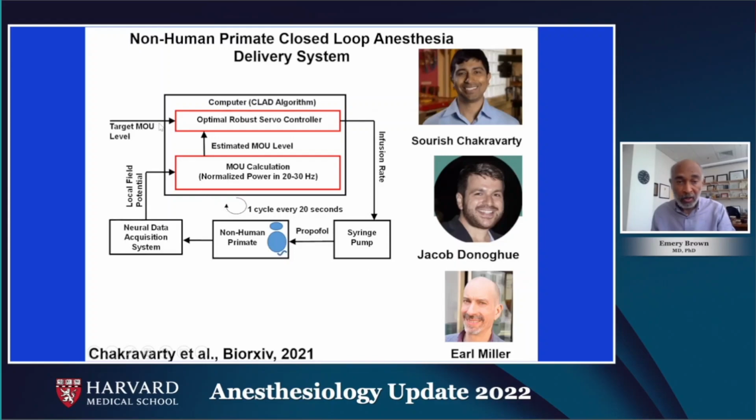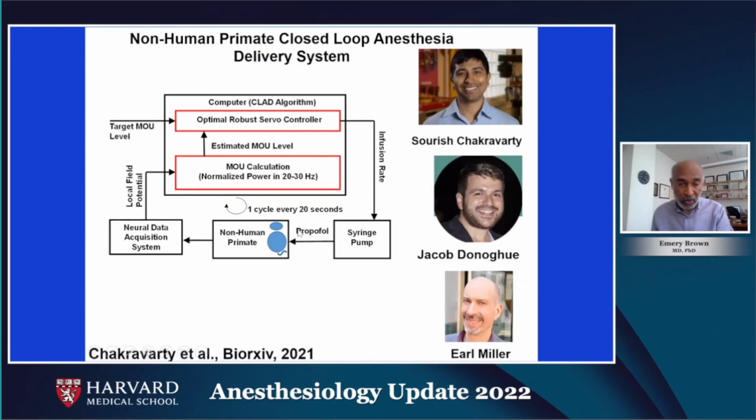So we're going to set a target level of unconsciousness that we want to achieve, all right? And I'll say exactly what that is. This is called a marker of unconsciousness. That's what MOU stands for. And then from the EEG, the local field potential in this case, we estimate what the actual level is. So the controller computes the difference between the target and the actual level, and then changes the infusion rate of the syringe pump accordingly, which is going into the animal, just administering propofol.